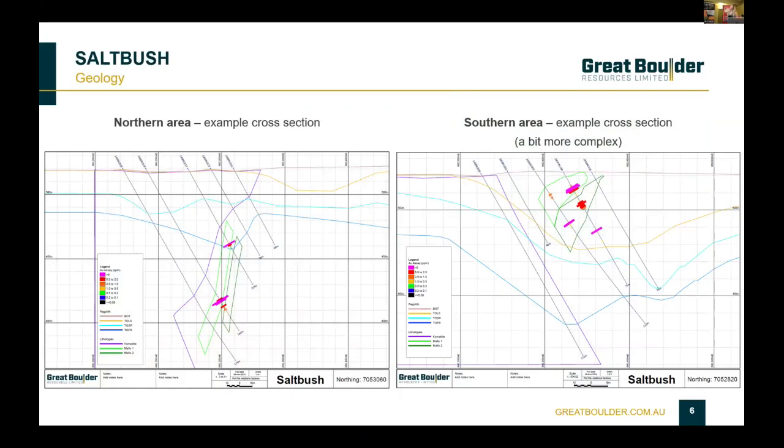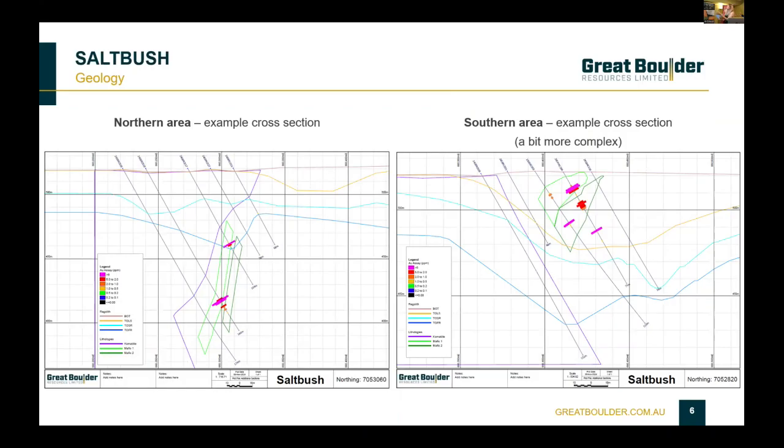So just to talk a bit more about the geology now. We noticed straight away from phase 1 that the gold mineralization was associated with 2 sheared mafic lithologies surrounded by sheared ultramafic lithologies, which is very similar to the mineralization that we see at Ironbark. There are quite a few differences between the northern and the southern area that we're still trying to figure out why.